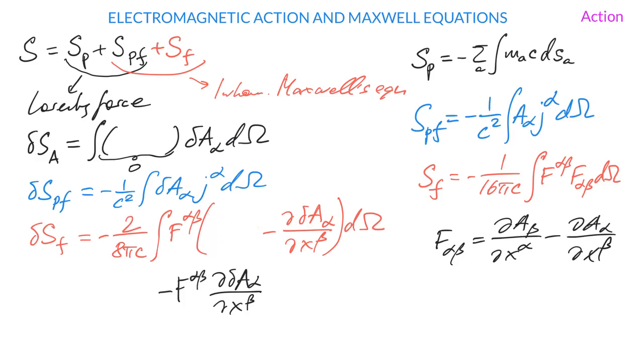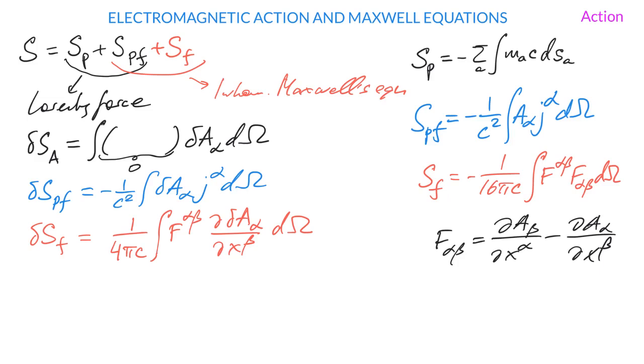So let's clean this up a little bit. And now we have the delta A alpha under the differentiation operator, so we need to integrate by parts in order to reduce it back to the standard form. The integration by parts will give two terms.